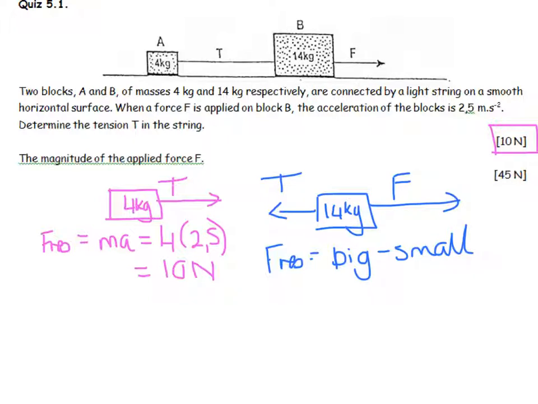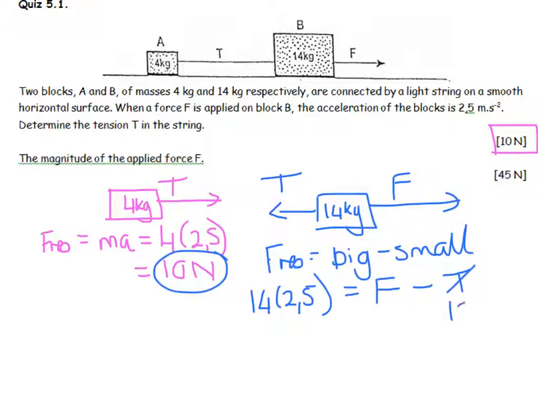Mass times the acceleration of the system is equal to the big force that I don't know, minus the small force, which is tension, and tension I've just worked out is 10. So you're going to go 14 times 2.5, and you're going to throw this 10 over to the other side and add it on, and you find that your force turns out to be 45 newtons.